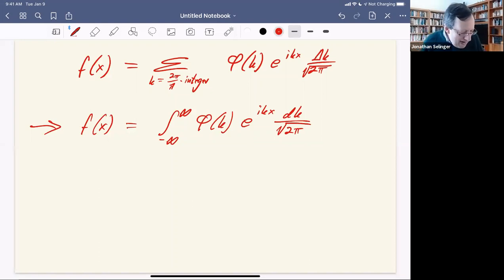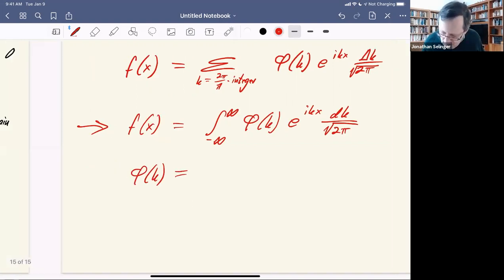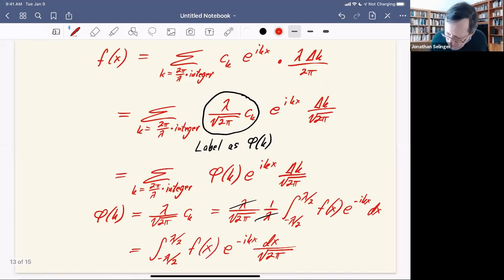And to go backwards from f to phi to know what the coefficients are, well, that's the same as what we had before, right? Before we had this integral to get the coefficients, and we still have this integral, but now lambda is going to infinity.